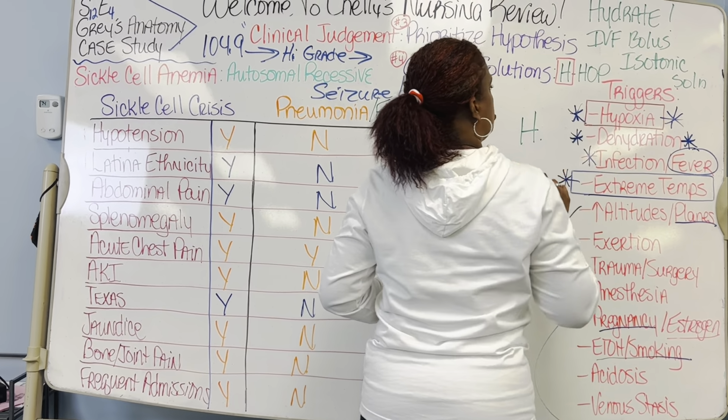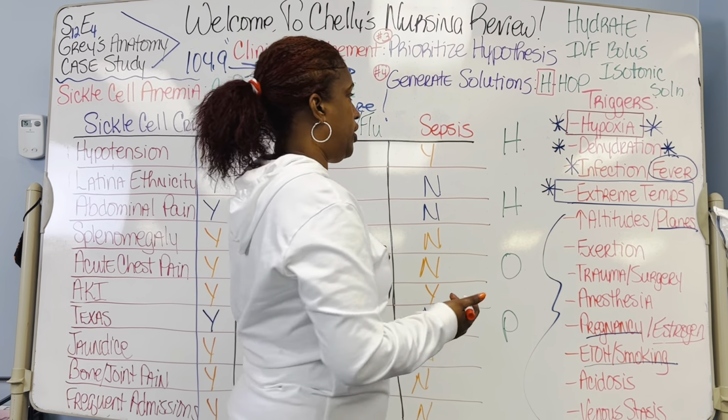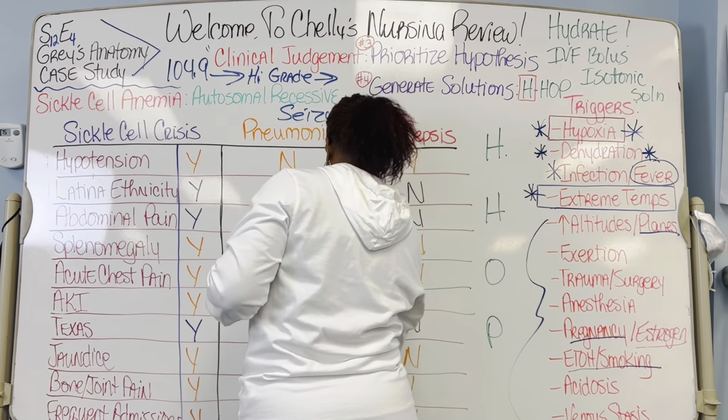Now, this H here is going to stand for everything else. Well, what is the H for? This H is medication called hydroxyurea. So I'm going to go ahead and write that down because I want my students to know what that is.